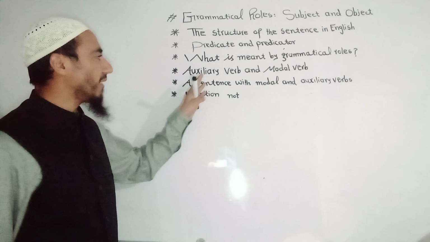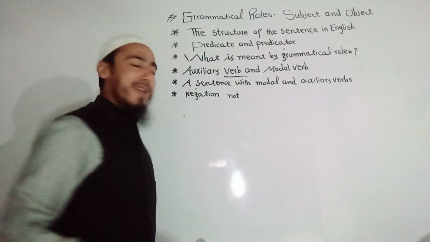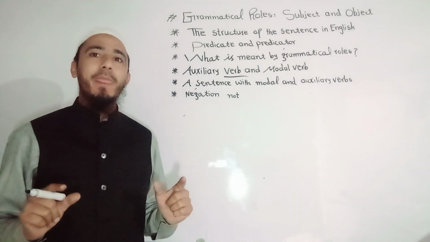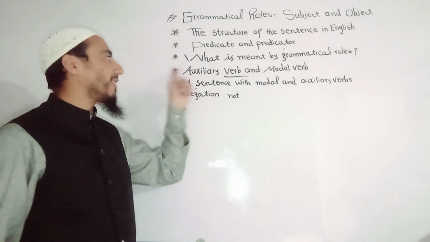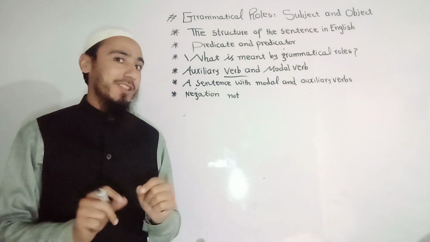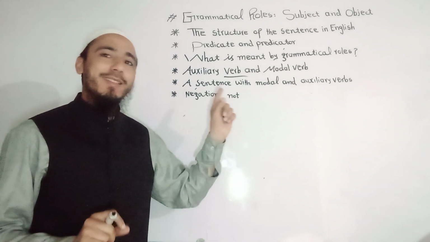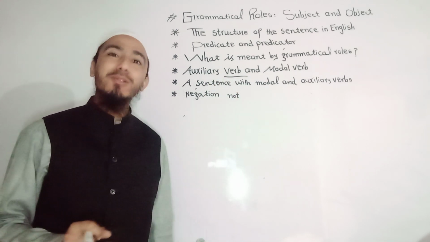So here, verb belongs to open class. However, there are some types of verb like auxiliary verbs and modal verbs. They do not belong to open class. Though they are types of verbs, they belong to closed class.